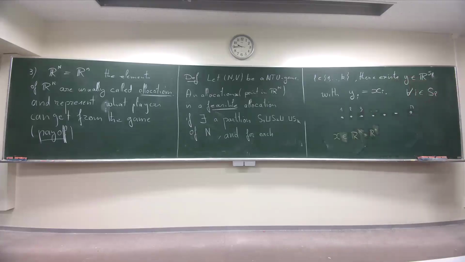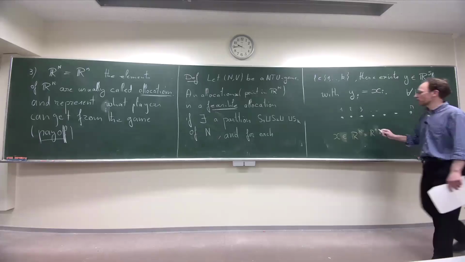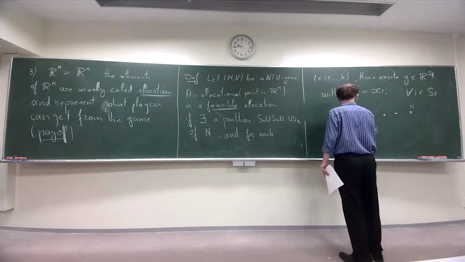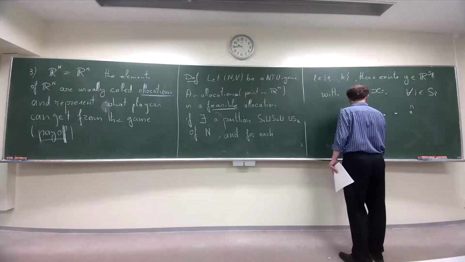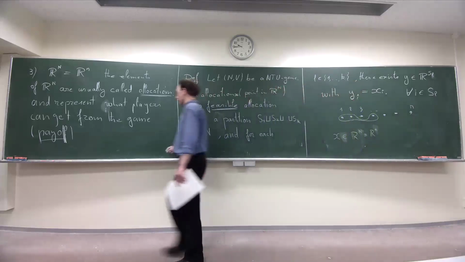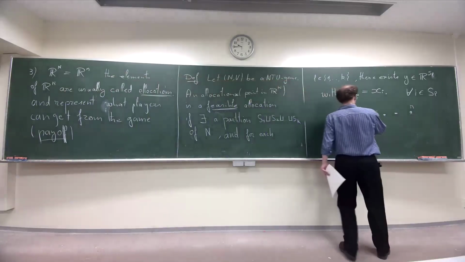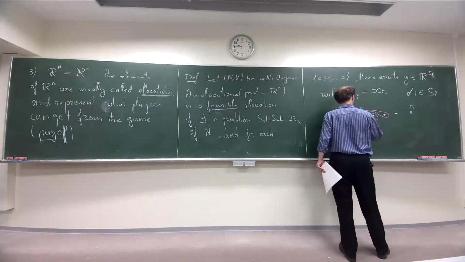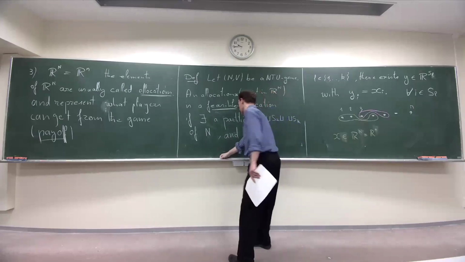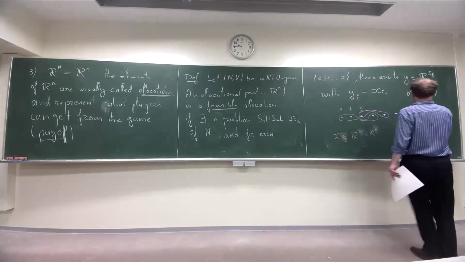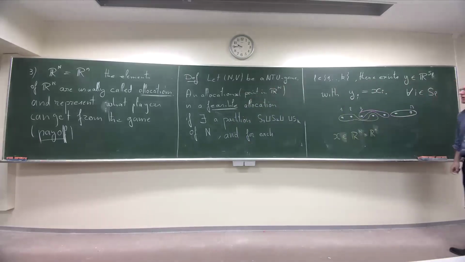And I'm going to say that this point is feasible if I can subdivide this set into 3 parts. So in my example here, K is 3.